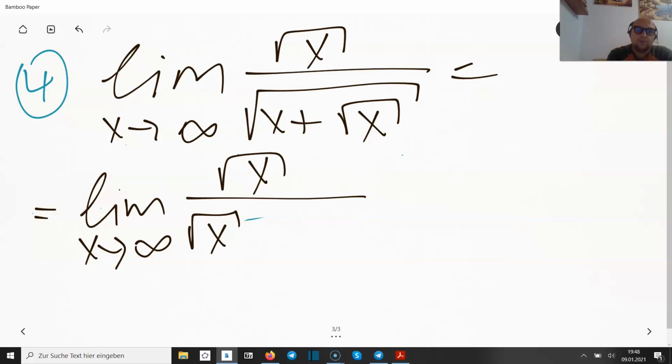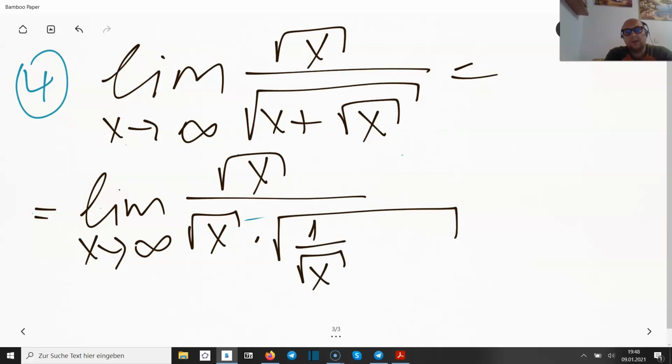Look at this. So first of all, if I kick it out, what do I have here? I have 1 divided by square root of x. Is that correct? Yeah, because if I bring it inside, I will have x divided by the square root of x.